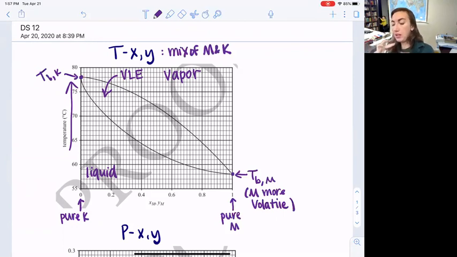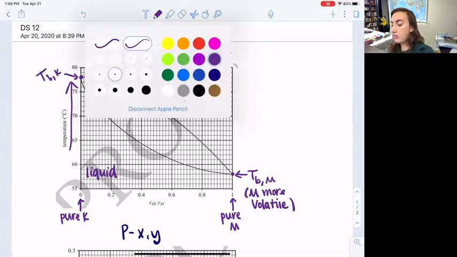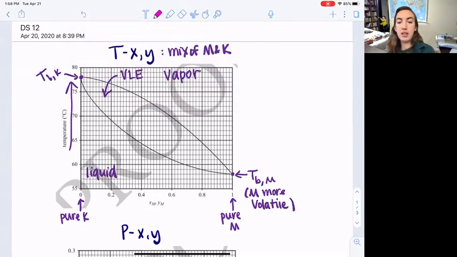Okay, so how do we use this if we go back to our image of the flash drum that we had earlier, where we have some stream coming in, a vapor stream coming out, and a liquid stream coming out? Let's say that our inlet stream had a mole fraction of 0.5. So this is Zm, our inlet composition, our inlet mole fraction of M. I'm just going to draw a dashed line so that wherever we are, we can find that Zm really easily.